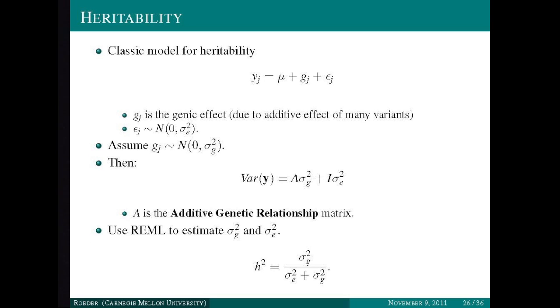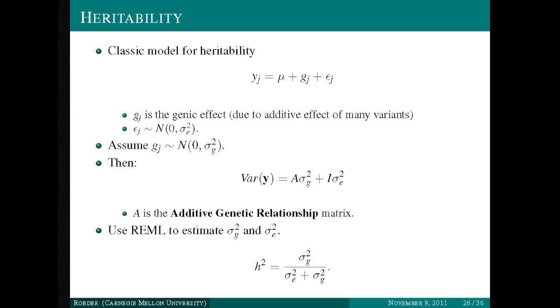In fact, nobody could. They don't know which ones cause it. But all they do is they say, well, what's the variance? I have a vector of people. What's the variance of it? Well, the covariance of those genes, whether you measure them or not, is the same A that I've been talking about all during my lecture. So if I know what that A is, then I can estimate heritability.